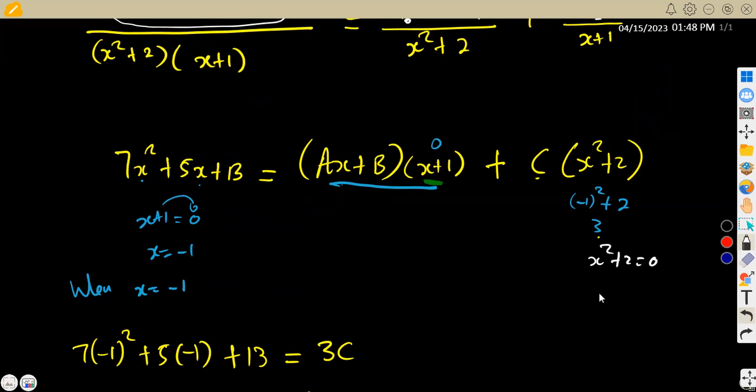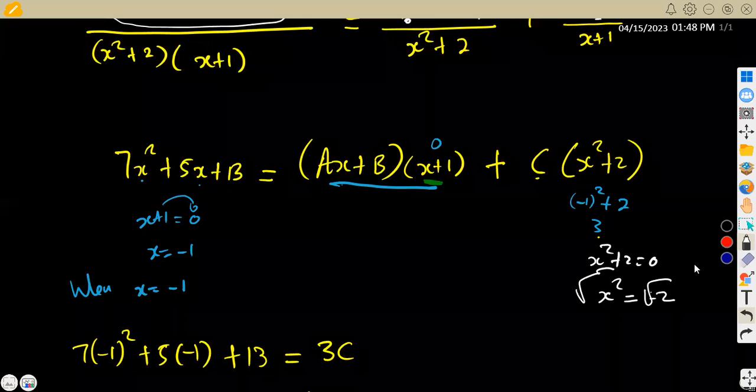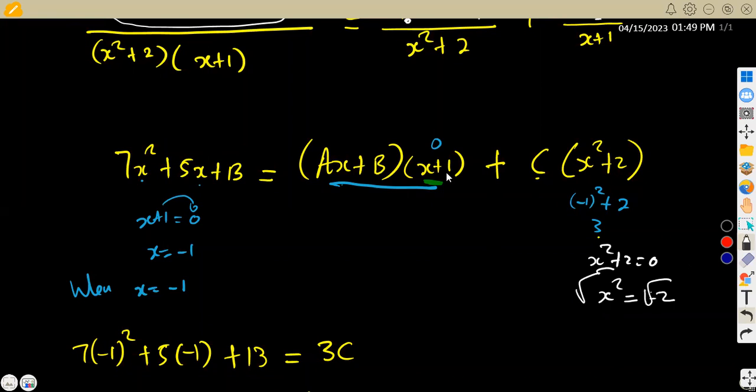But look now, if we let this be equal to 0, x squared is equal to -2, and we can't determine the square root of this because we are now having a complex solution, where we are talking about i or j, which cannot help us get the value. So we are limited on a quadratic factor to determine the value of x.